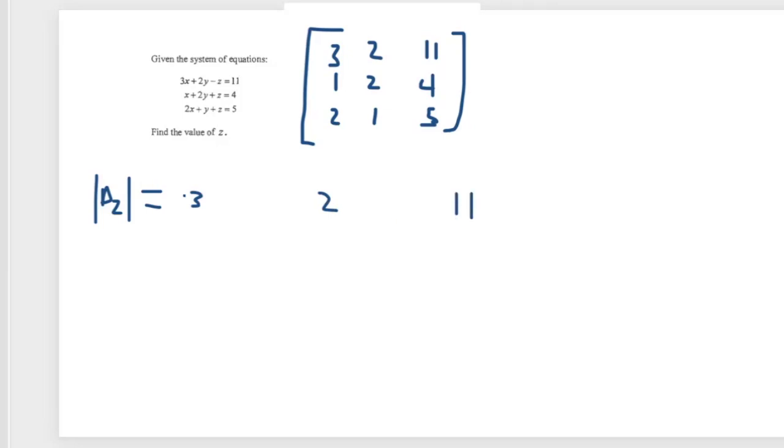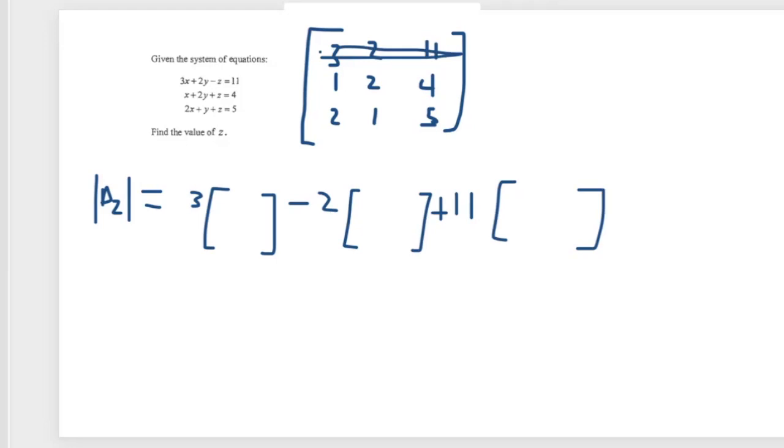Then we know this is plus, minus, then plus. Now I need to get my 2 by 2 matrix. So remove the first row. So this is removed. And now I'm going to remove the first column. So I just have 2, 4, 1, 5.